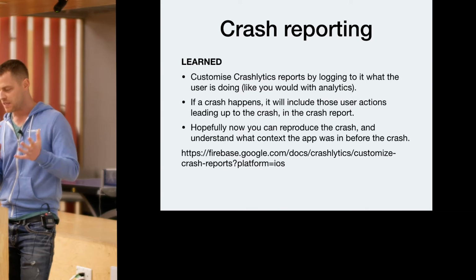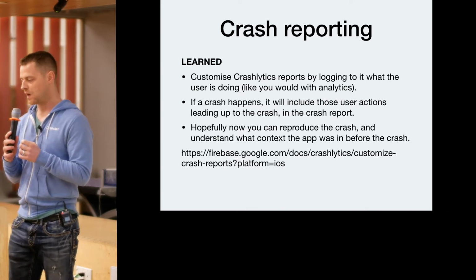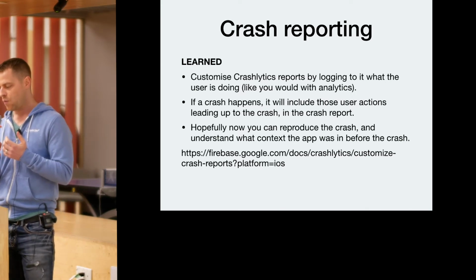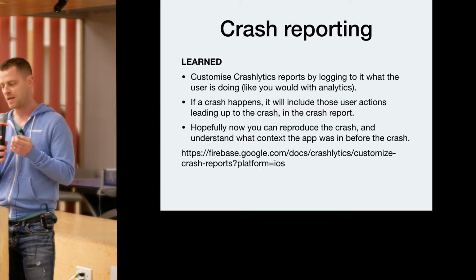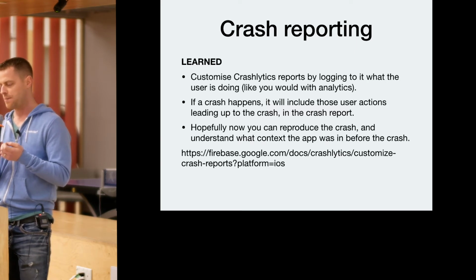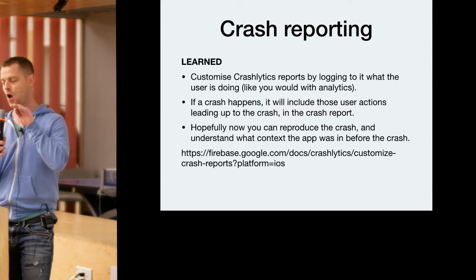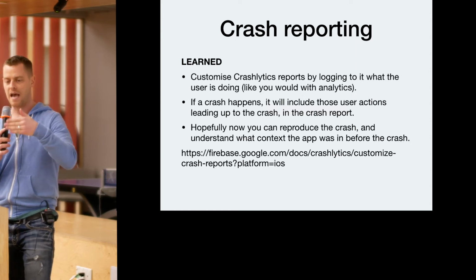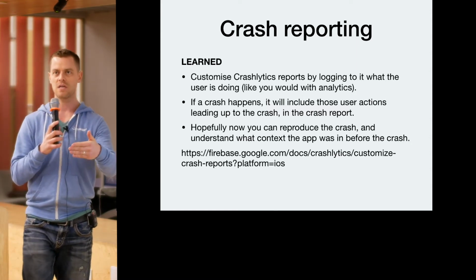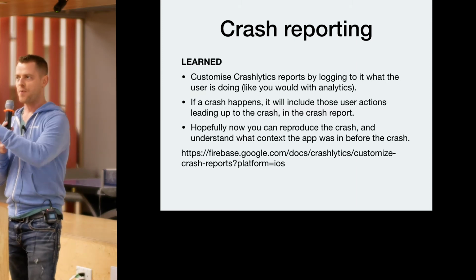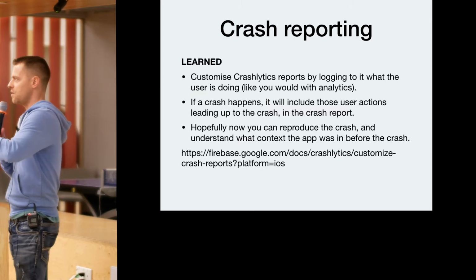So lessons learned. I learned that what I want to do is actually customize the Crashlytics reports by using the APIs it has to log to Crashlytics as the user does their actions and as other parts of the code are doing their flows.